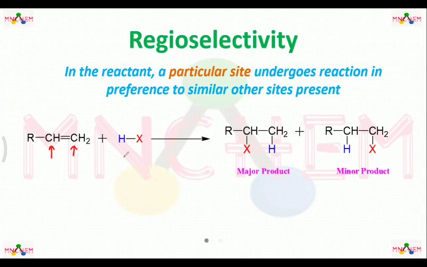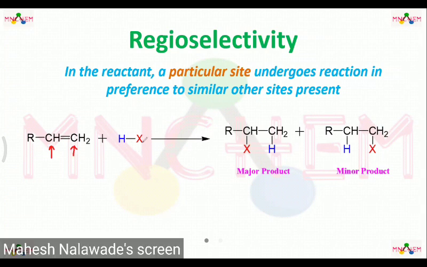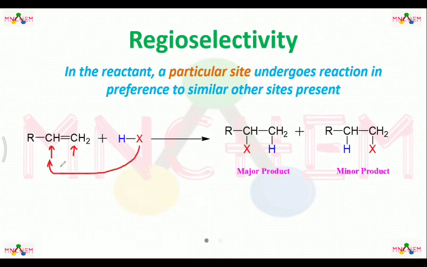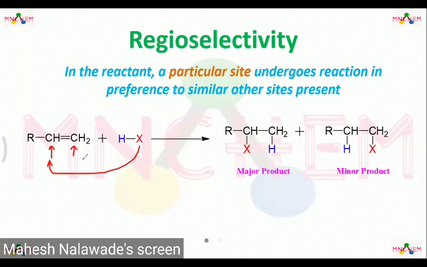According to Markovnikov's rule, the halogen prefers to attach to this carbon because it gives the more stable carbocation, and hydrogen attaches to the terminal carbon, giving the major product.